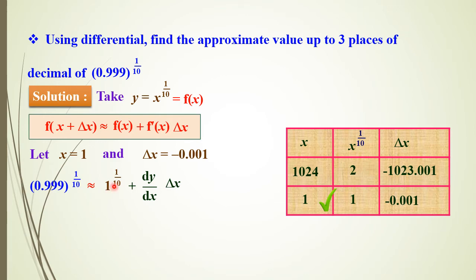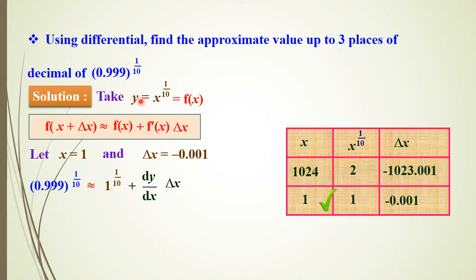Next f of x, in the sense y, is x to the power 1 by 10. So x is 1, and 1 raised to 1 by 10 is again 1 itself. Next f dash of x is called dy by dx.